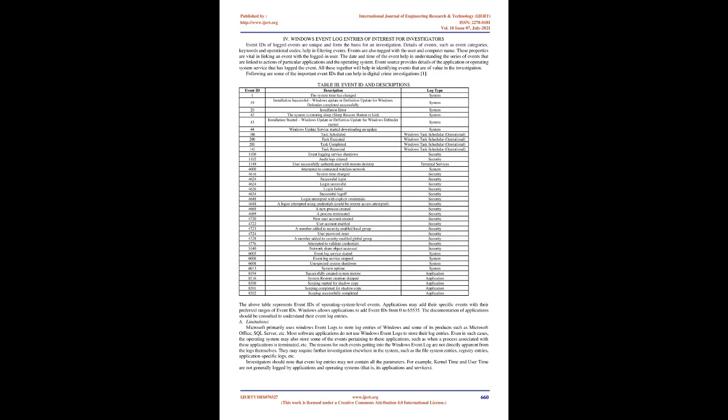For example, kernel time and user time are not generally logged by applications and operating systems, that is, its applications and services. Some events may not be logged by default and may require additional configuration to switch on logging of these events. For example, by default, Windows does not log events such as locking of the system.